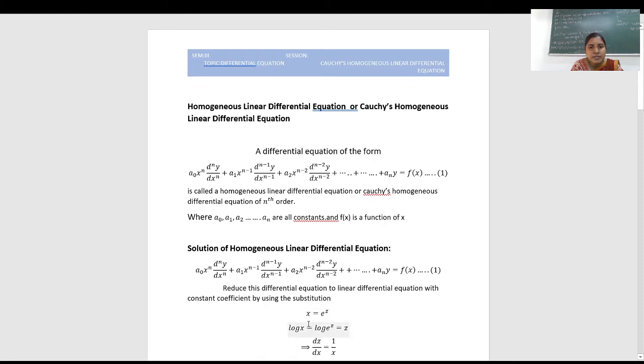Taking log on both sides, we have log x = log e^z, and since the base is e, it becomes z. Then differentiating z with respect to x, we have dz/dx = 1/x.